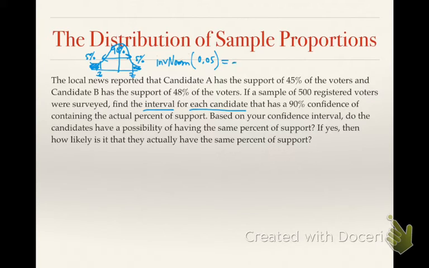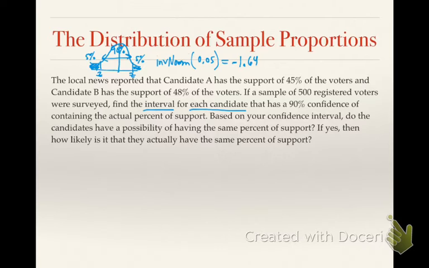And we'll see that is roughly negative 1.64. Now notice, because it's symmetrical, we're going to be dealing with positive 1.64 as well. Okay, but it's essentially to get an interval that contains 90% of the data, we're going to be 1.64 deviations away from the mean in both directions.